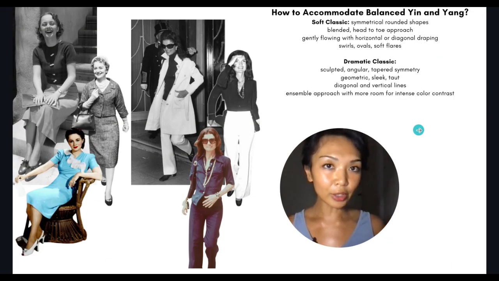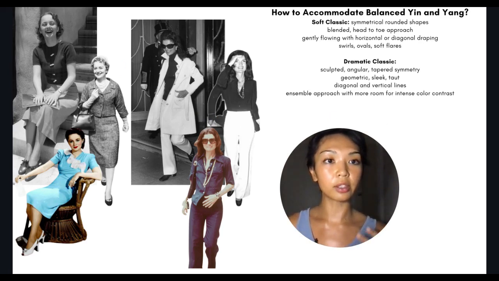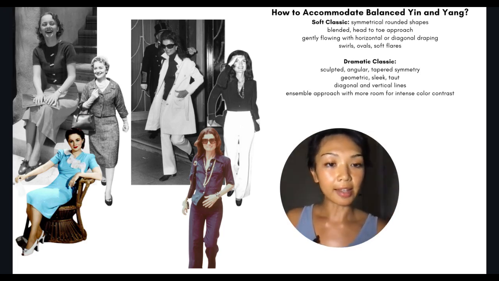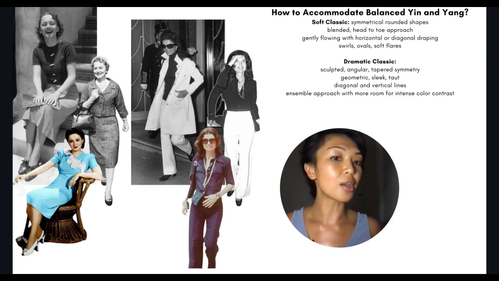All right, so how do you bring out the beauty of these silhouettes with the soft classics? Symmetry is paramount, especially if you approach symmetry with a round-edged kind of vibe. You put a soft classic in a circular button-down cardigan, they shine. Blended head-to-toe approach. Don't try to staccato it up. Don't break that line too much.